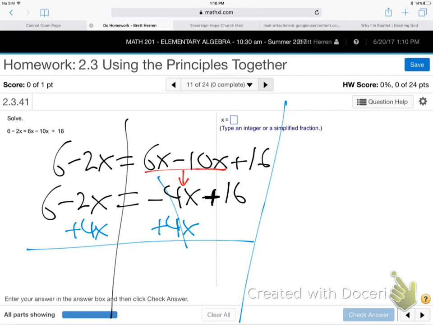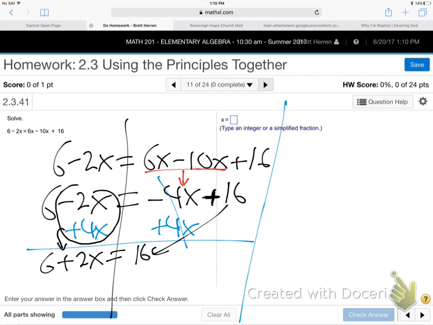So I'm adding 4x to both sides. That gets rid of this one. And then, if I keep going from there, what is this? 6 plus 2x is 16. Just bring the 16 down, right? Everybody see what happened there? Minus 2x plus 4x made plus 2x. 4 minus 2 is 2.